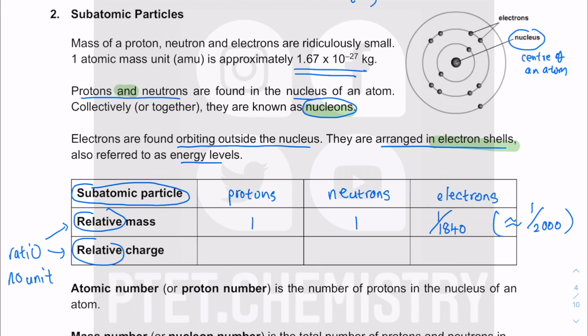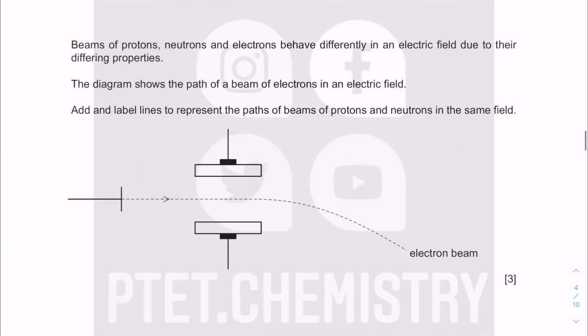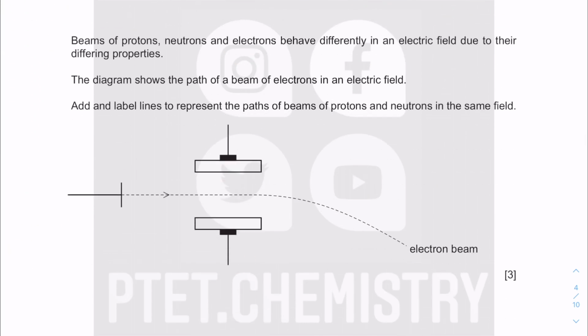Relative charge, so these are based on experiments done by chemists back in the days. They have this thing called an electric field. Electrons are negatively charged. This beam contains protons, neutrons, and electrons.